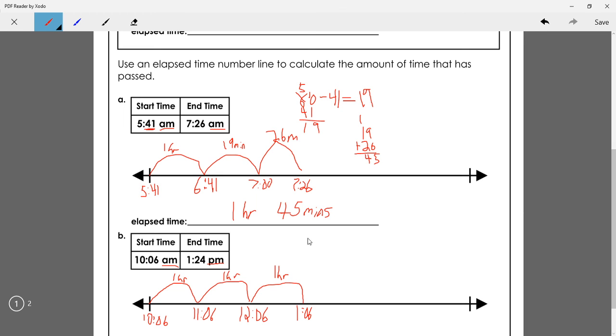And I can either do 6 plus blank equals 24, or the same thing written differently is 24 minus 6 equals. 24 minus 6, carry this, 1. 14 minus 6 equals 8. And then 1 minus 0, so it is 18 minutes.